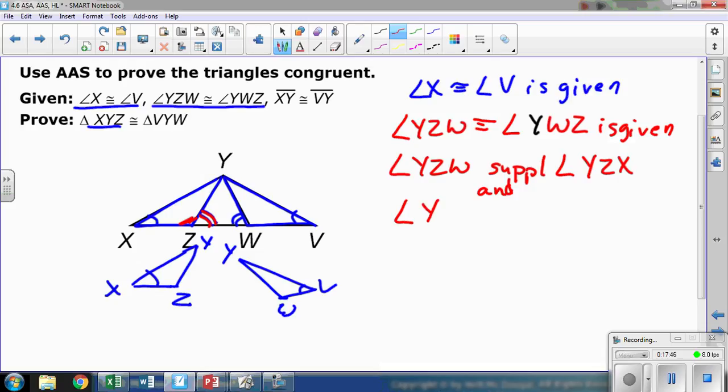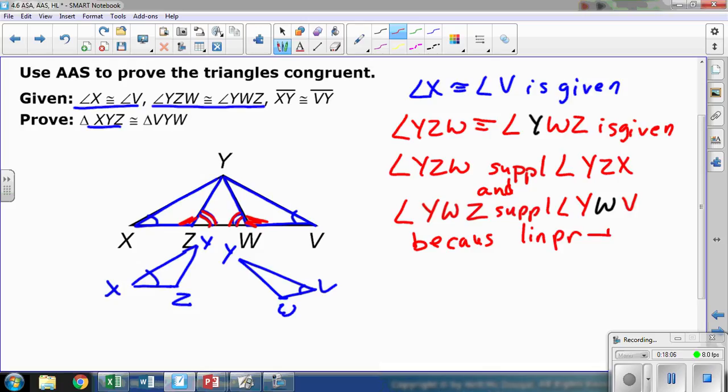Angle YWZ is supplementary to angle YWV. That's saying the one here on the right is supplementary to that one. And we know that because a linear pair gives you supplementary angles. That was one of our theorems going all the way back to the first unit.